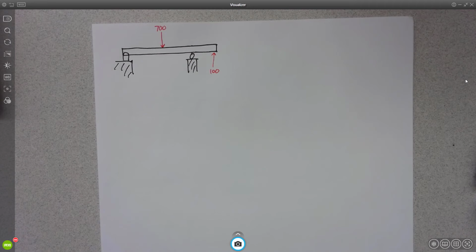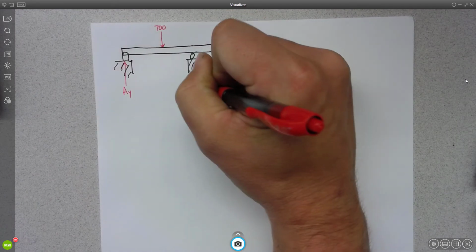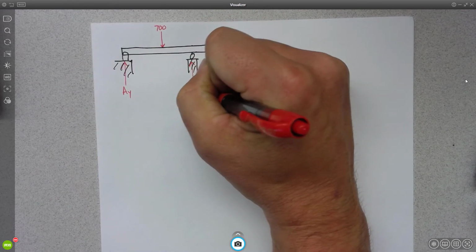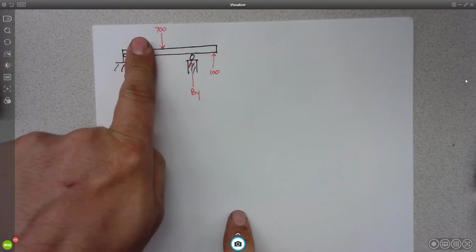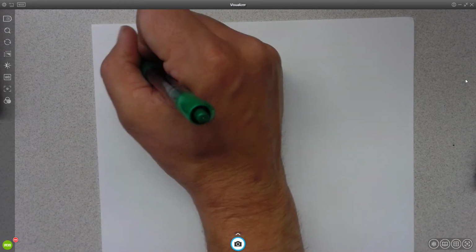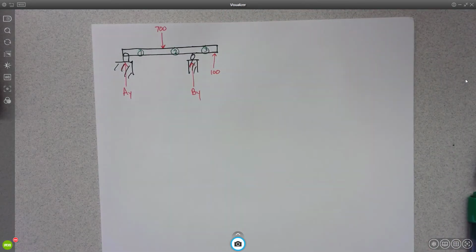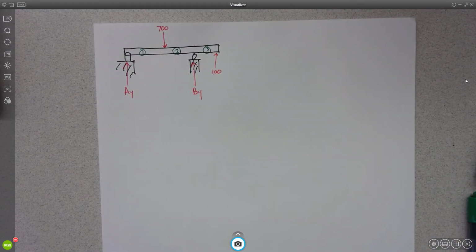How many regions do we have? Yeah, so we're going to have a normal here, right? Some AY and some BY. So it looks like here's one region, here's another region, and here's another region. So we have 3 regions again: 1, 2, and 3. Okay? So I'm going to pause this, and I want you to draw me a shear moment diagram.